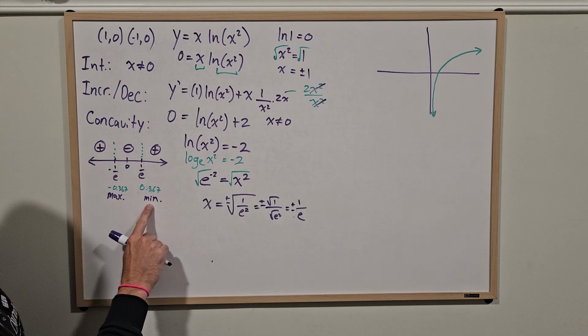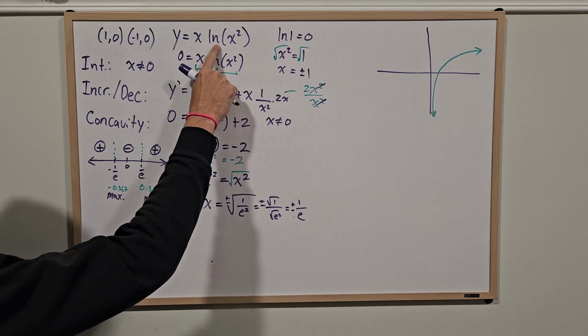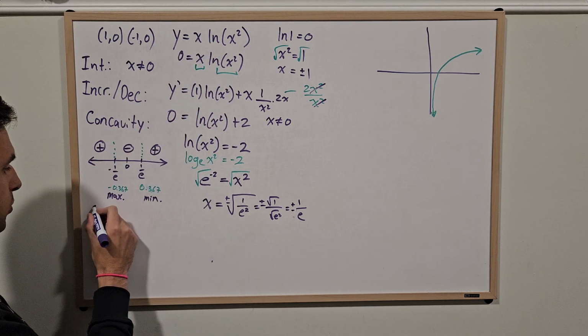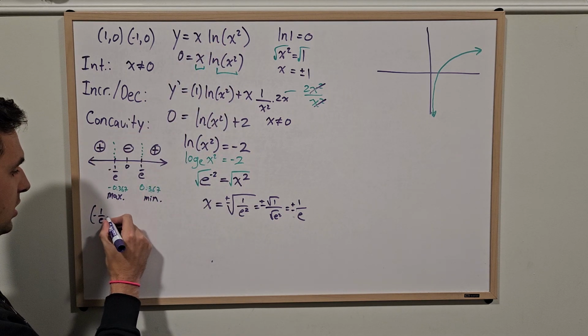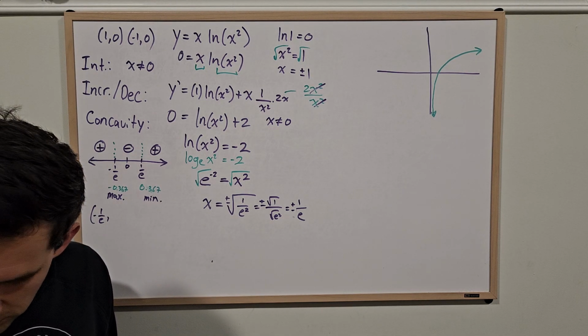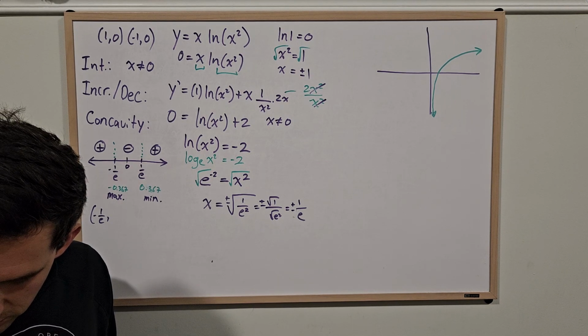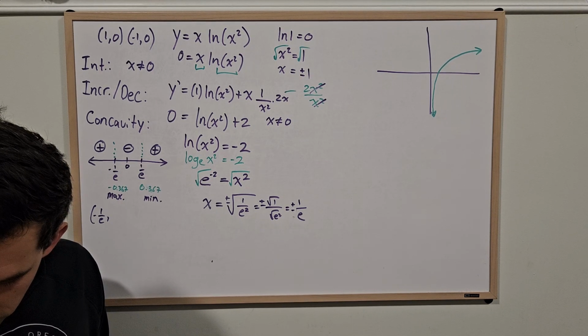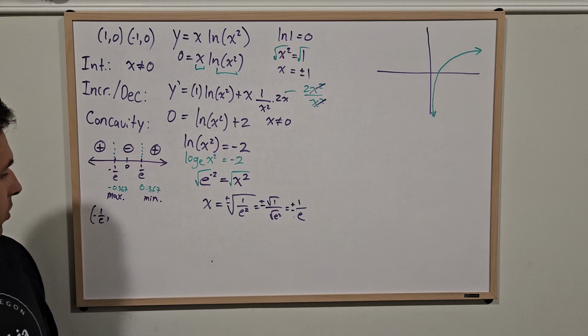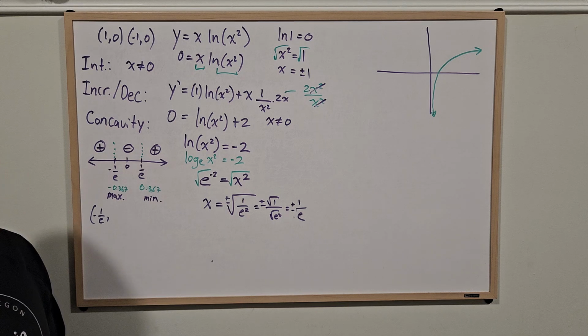Of course, to find these points, we're going to have to just plug them into our original function, okay? So if we plug in negative 1 over e, let's see here.